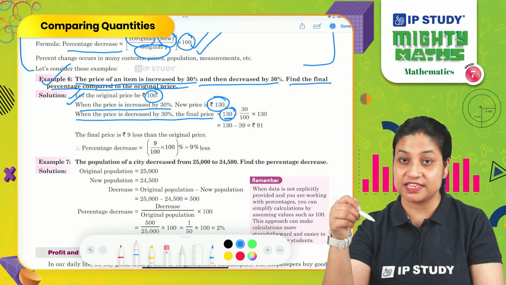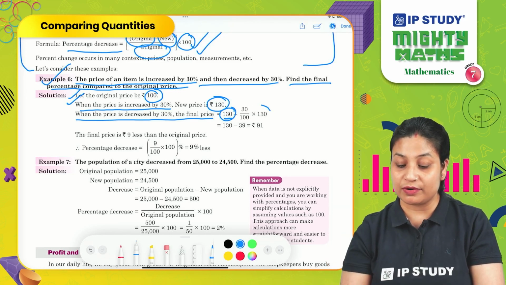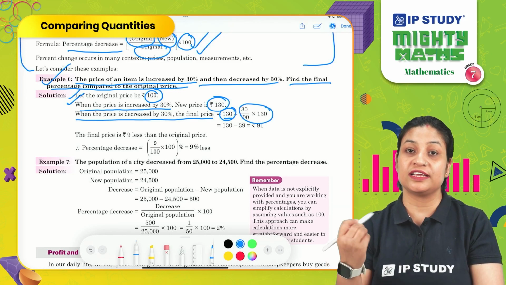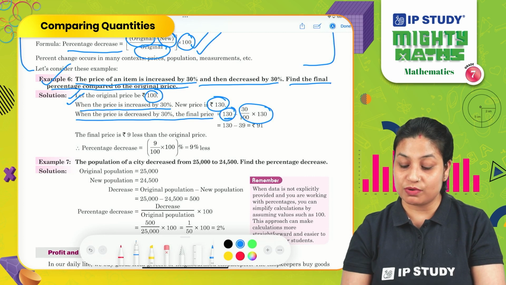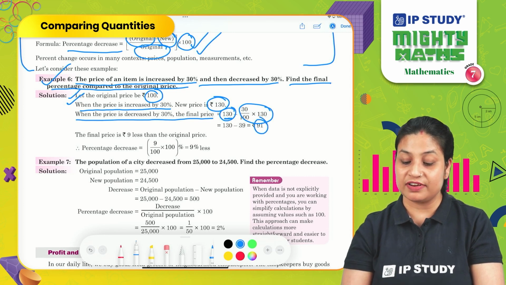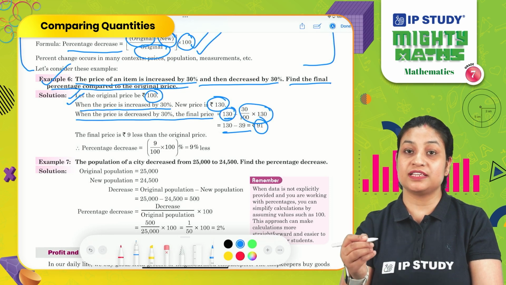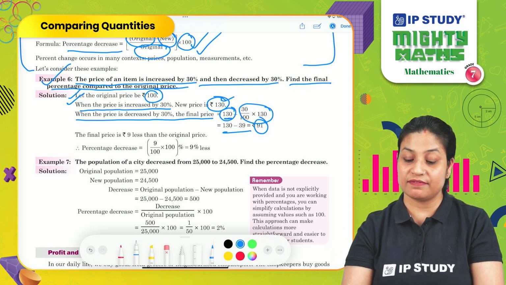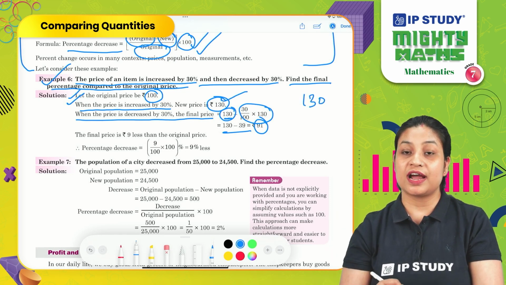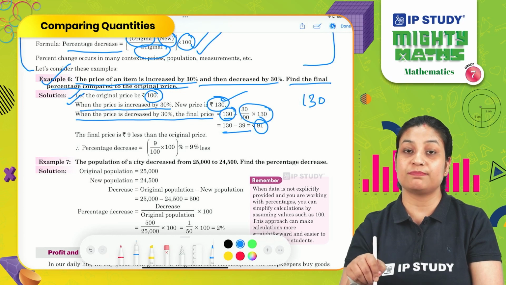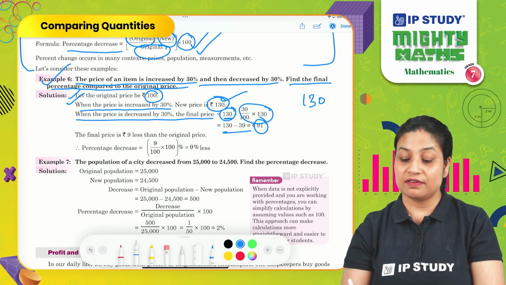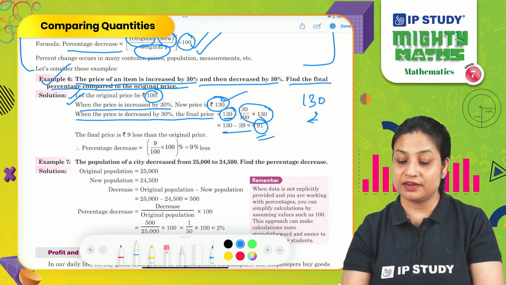Now its price is decreased. So I will calculate the decreased price on the increased price, right? So if I do so, what I will get? I will get this one, rupees 91. So when the item's price was increased by 30%, the value was 130. And when its value decreased by 30% post that, I got rupees 91 as my answer.